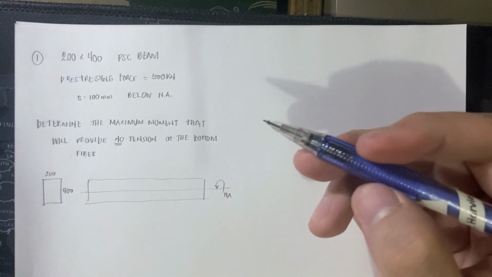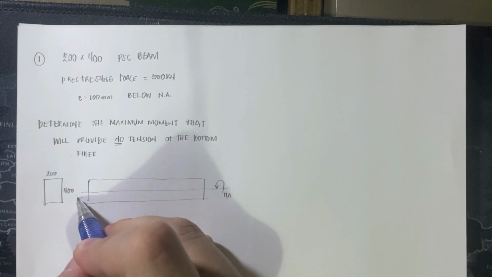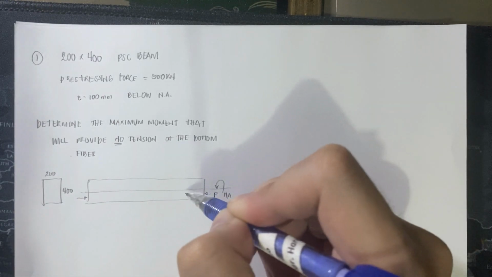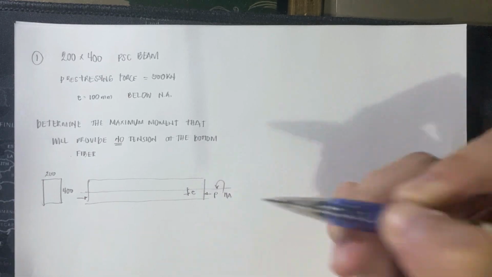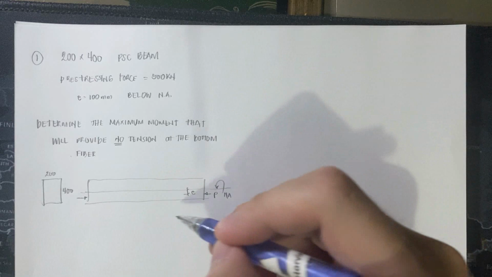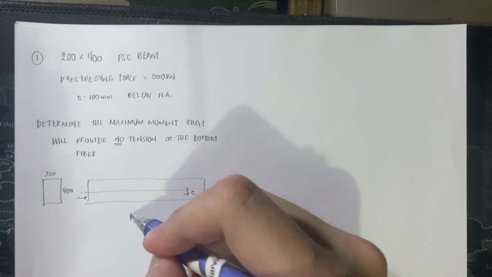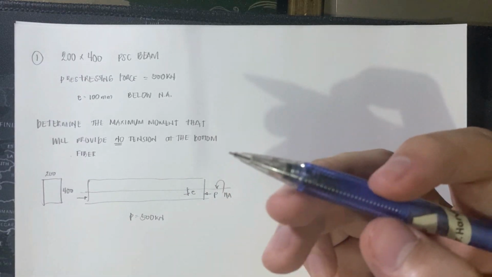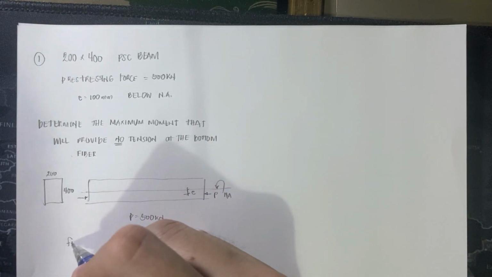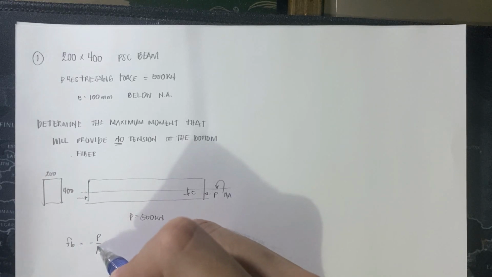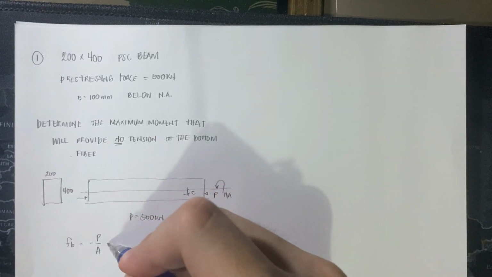Then our pre-stressing force P is located at the distance e, our eccentricity, which is equal to 100 mm. So our P is equal to 500 kilonewtons. What we are discussing is the bottom fiber.